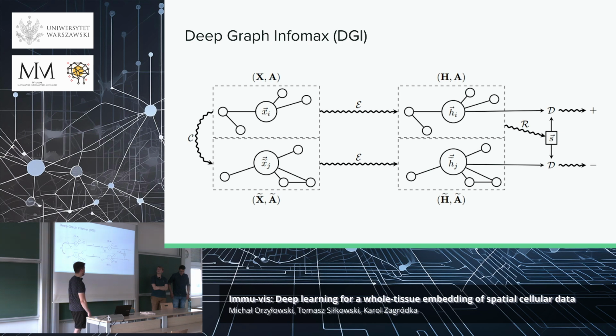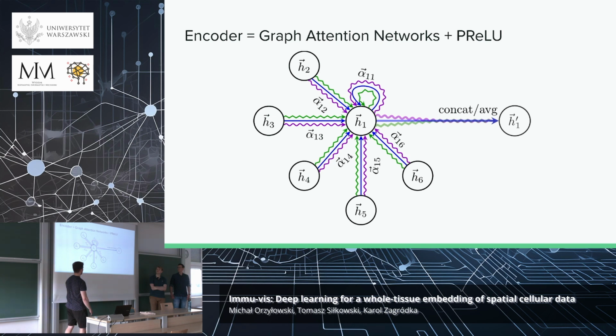And then in a discriminative fashion, we want to teach the model that all the nodes from the initial graph should have some similarity to the summary vector, and all the node embeddings from the corrupted graph should be as dissimilar as possible to that summary vector. So magic happens in that encoder that is getting the initial embeddings of the graph and calculates the final embeddings.